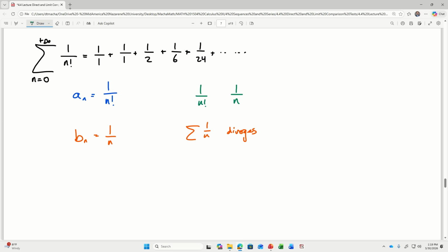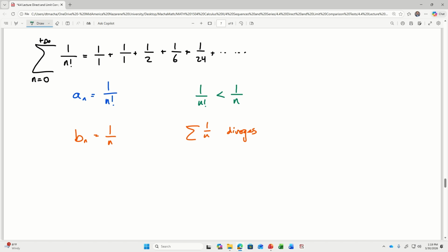Yeah, that'd be less than, because 1 over 5 factorial is 1 over 120, and 1 over 120 is less than 1 over 5.